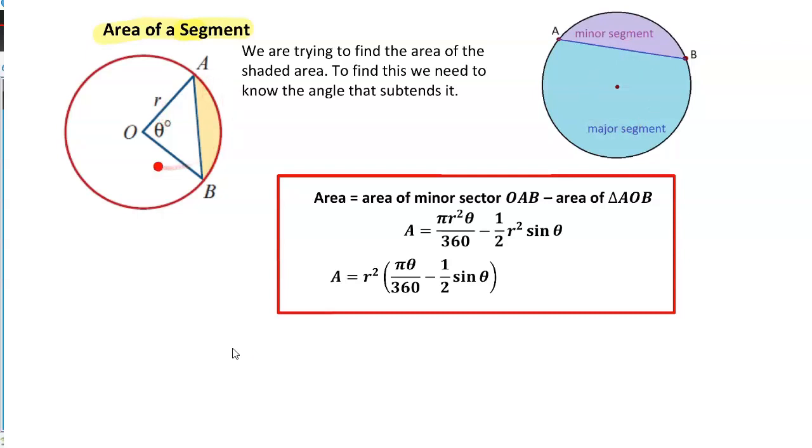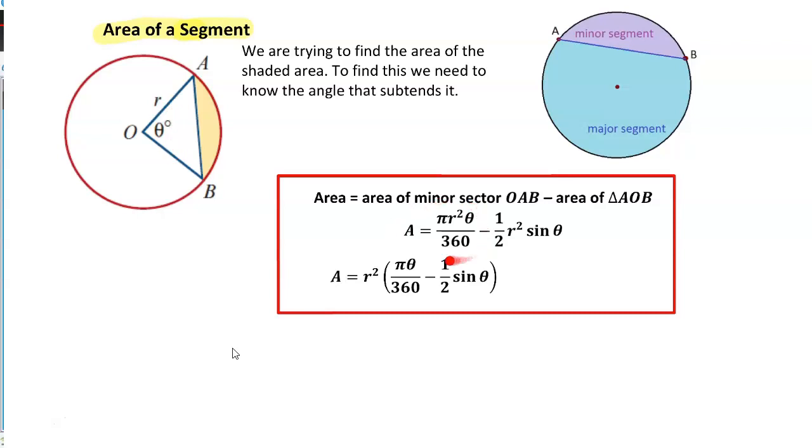So how we get our formula is from this idea of a triangle. We're finding here that shaded area. So to find that shaded area, we find the area of the whole sector, then take away the area of, sorry, not of the circle, of the triangle there that has that angle here.